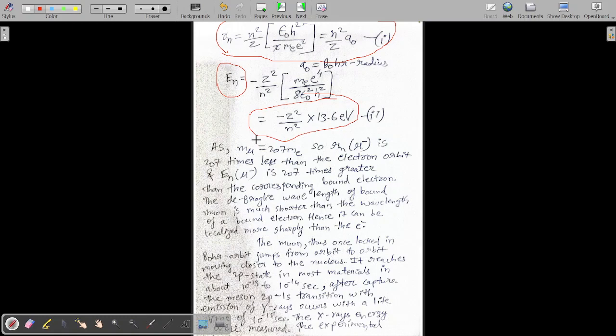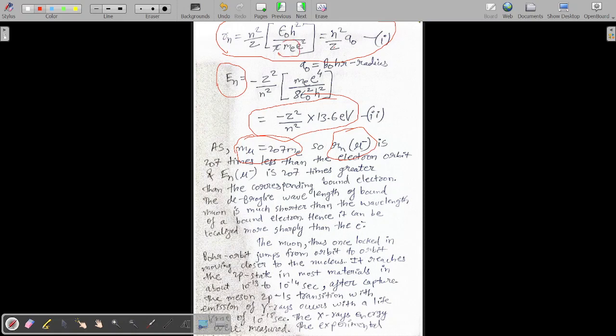Now, as the negative meson, your mu minus meson has mass 207 times the mass of electron, so the radius of mu minus meson is 207 times less. Why will the radius be 207 times less? You only tell me.